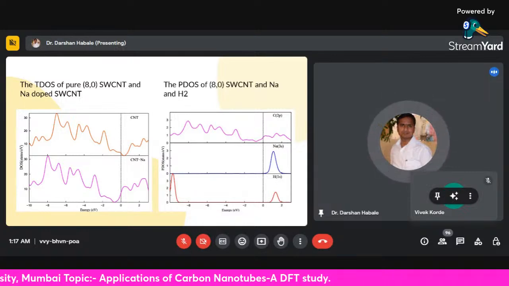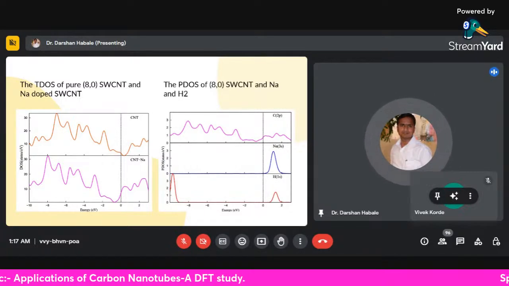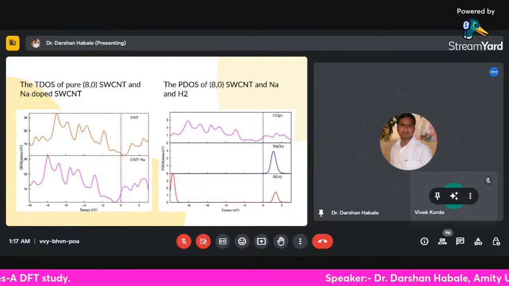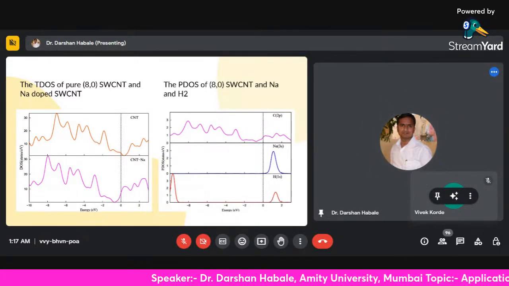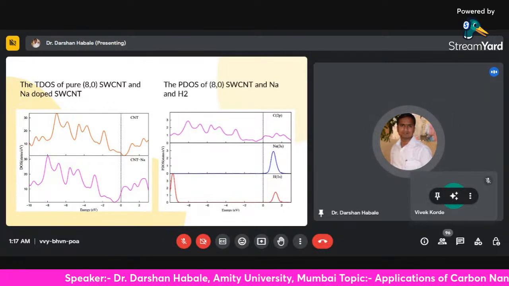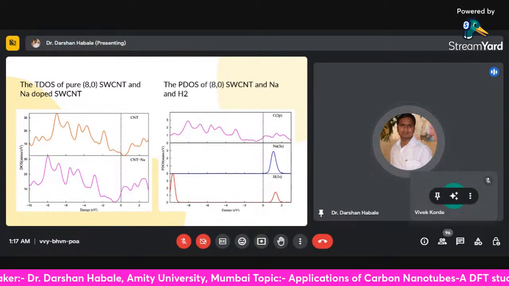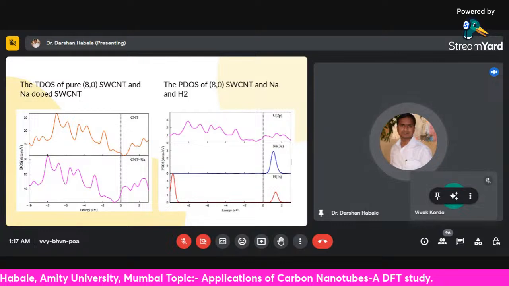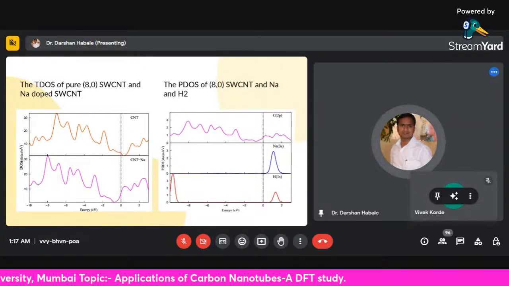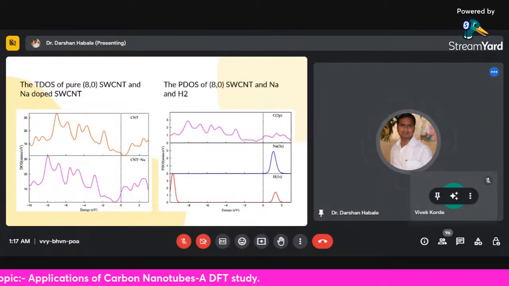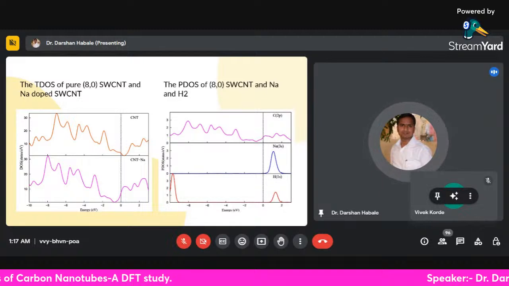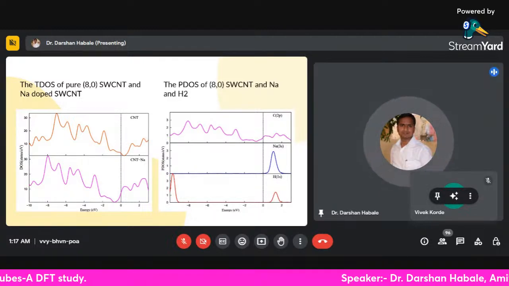Okay, so if you dope the carbon nanotube, there is a little modification you can see. The whole graph gets shifted by some amount, around 0.8 eV, electron volt. So if you attach sodium on the carbon nanotube, then after the functionalization, the plot gets shifted toward the left-hand side, below the Fermi level.